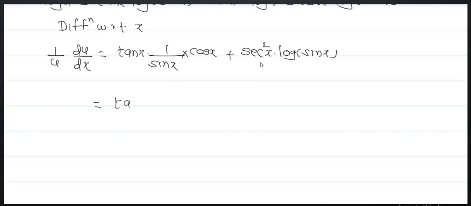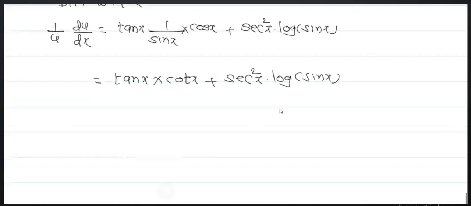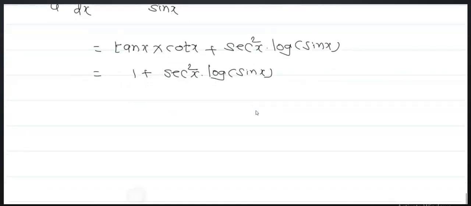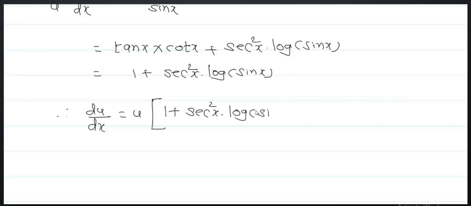Derivative of tan is sec square x into log of sin x. Now here is cos x upon sin x, that is cot x. Tan of x into cot x plus sec square x into log of sin x. That is 1 plus sec square into log of sin x. Therefore, du by dx is equals to u in bracket 1 plus sec square x into log of sin x.